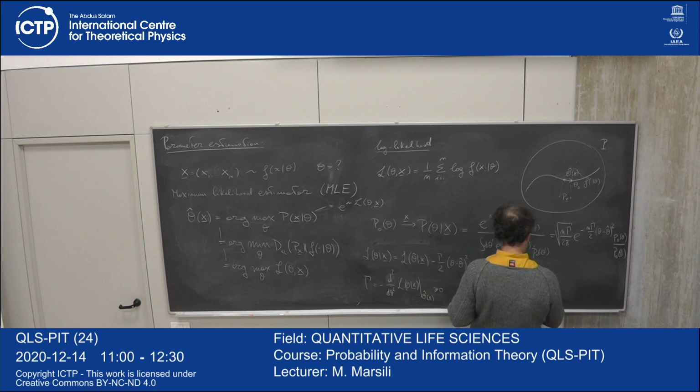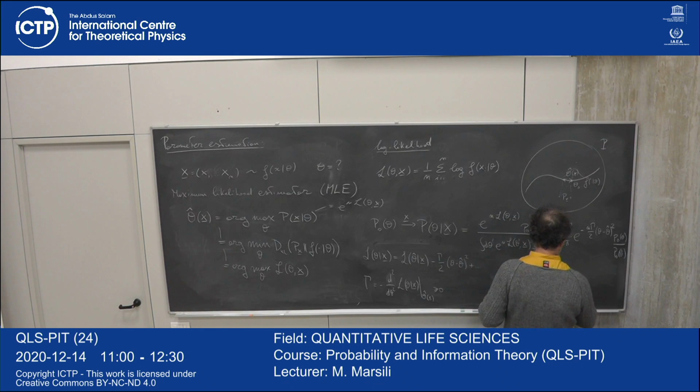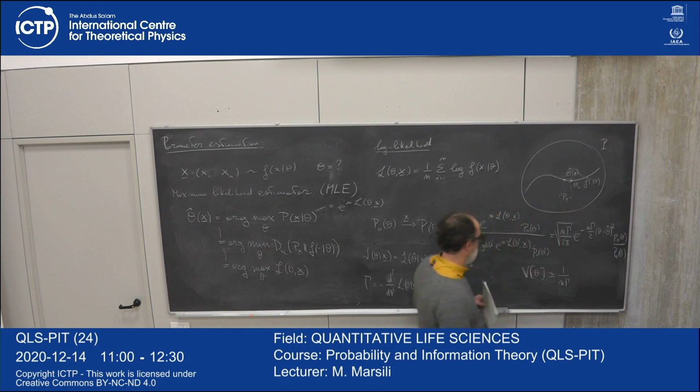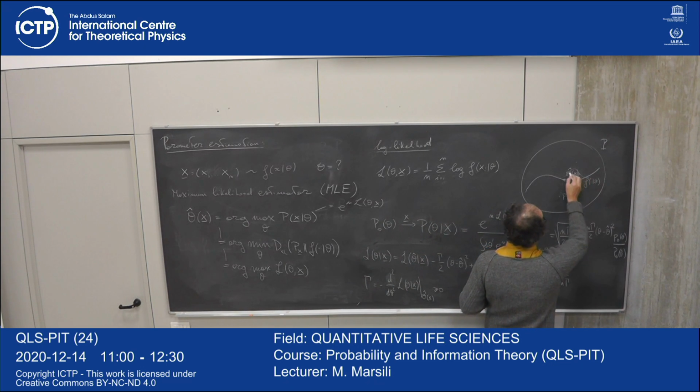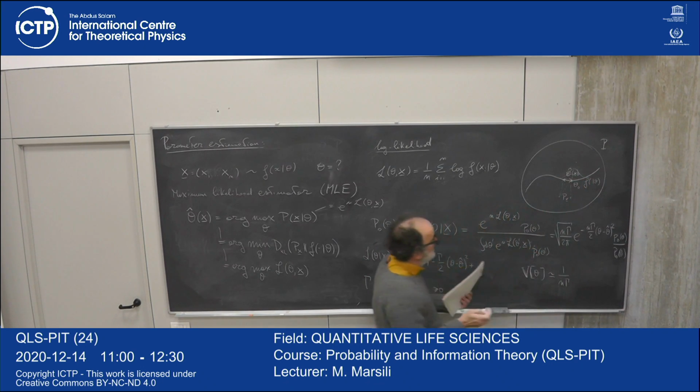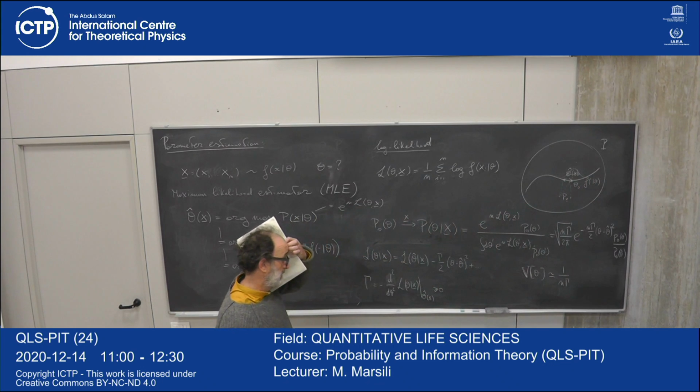So the variance of theta is going to be essentially 1 over n times gamma. So this distribution is going to shrink as 1 over square root of n times gamma.